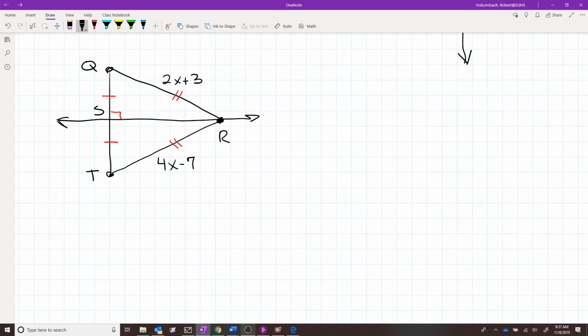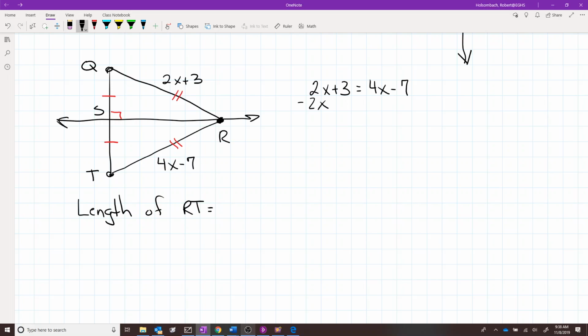So with that, you can write your equation. We're trying to find, in this problem, the length of RT. So you're going to set your 2x plus 3 equal to the 4x minus 7. You can solve for the variable now and substitute.